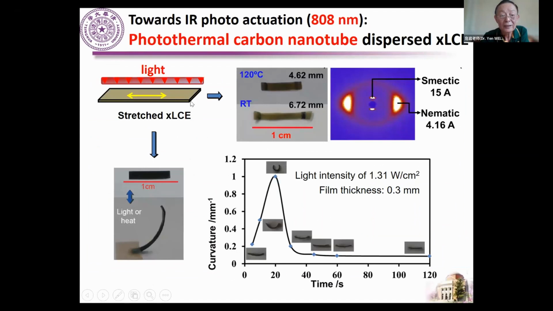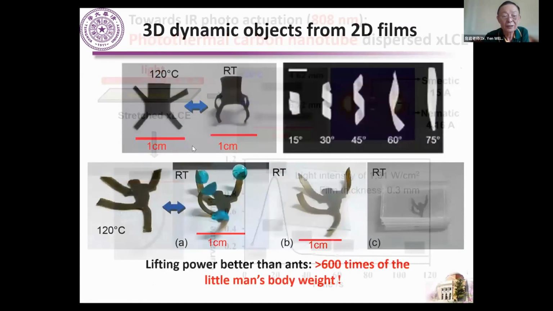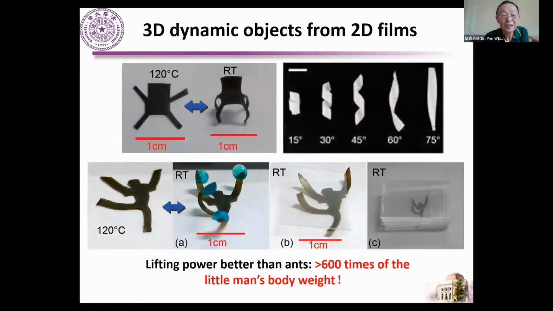This material shrinks at high temperature and expands at low temperature, and we can see the crystals oriented very well. We can use light to achieve the same shape change. So this is a classical original work.